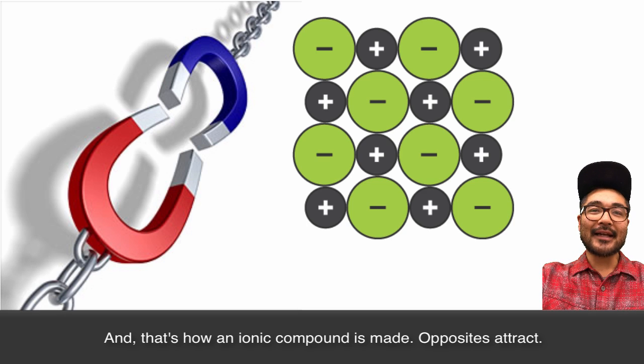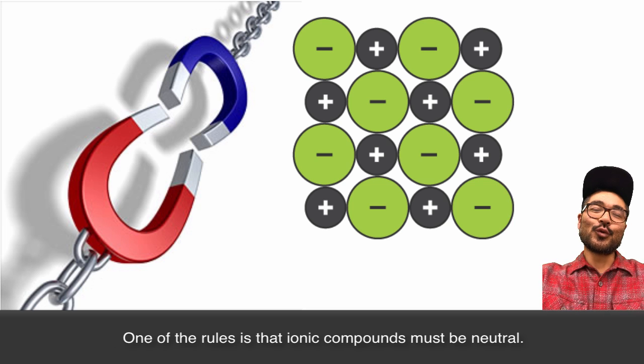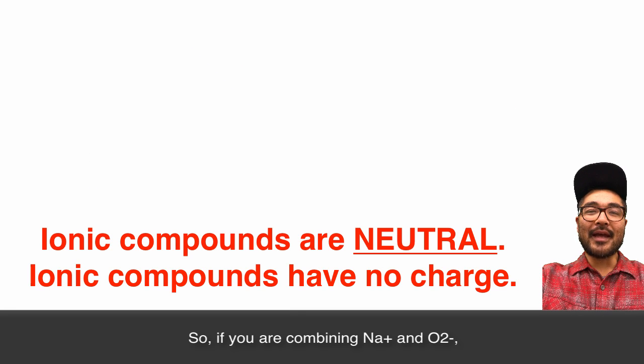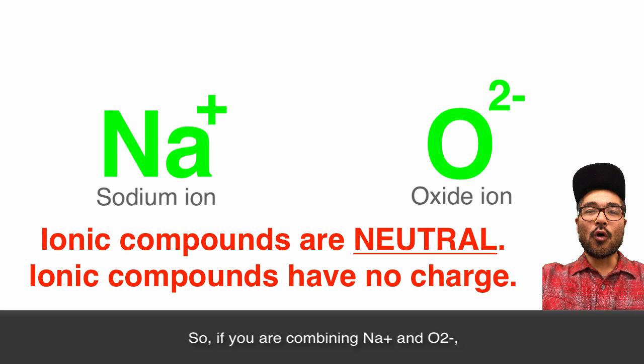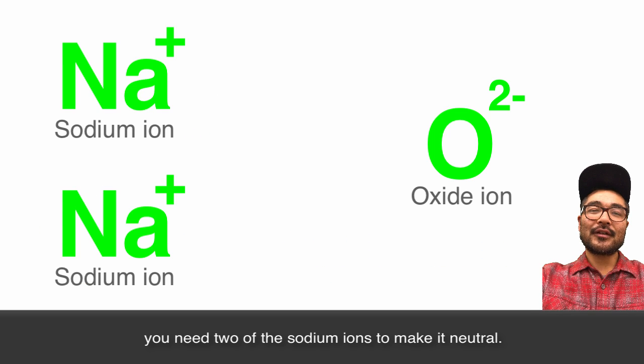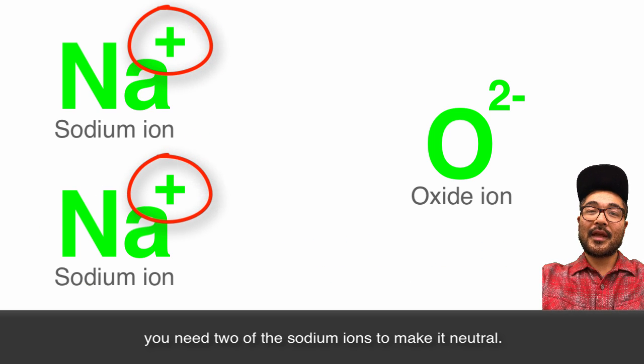One of the rules is that ionic compounds must be neutral. So if you are combining Na+ and O2-, you need 2 of the sodium ions to make it neutral.